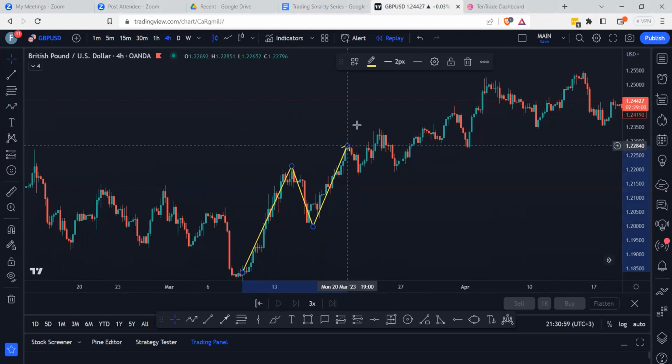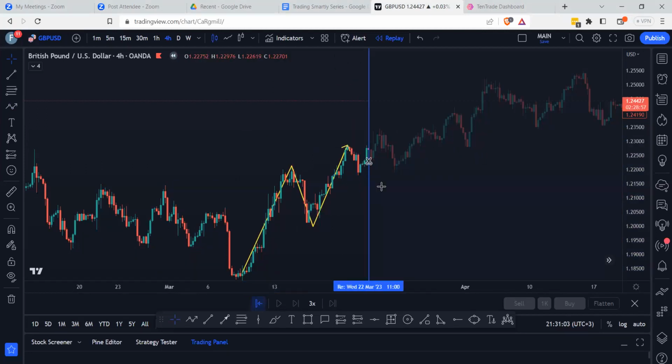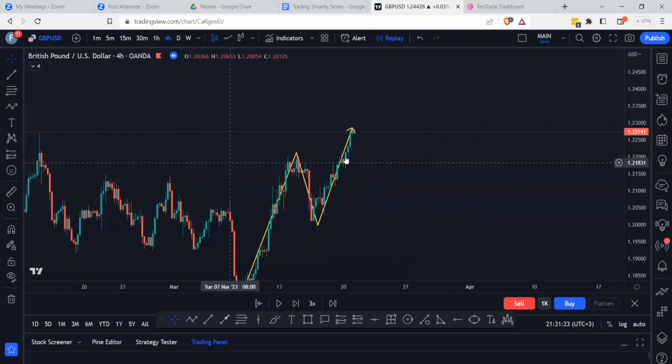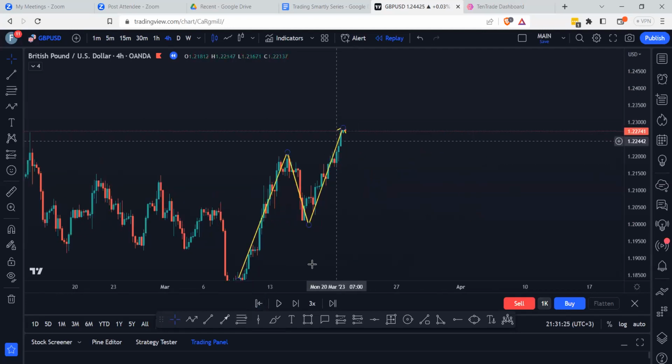Right, so let me replay this. So we have price doing this. All right. So price has given us this. So we are in an uptrend like so.